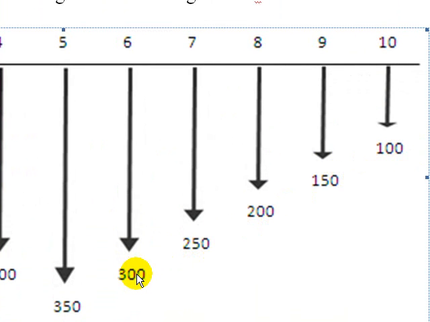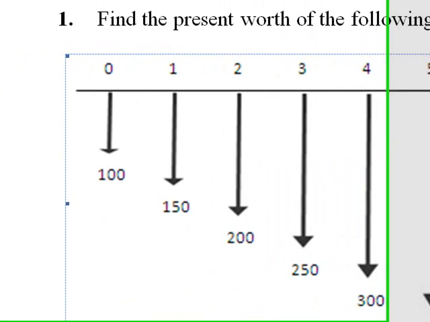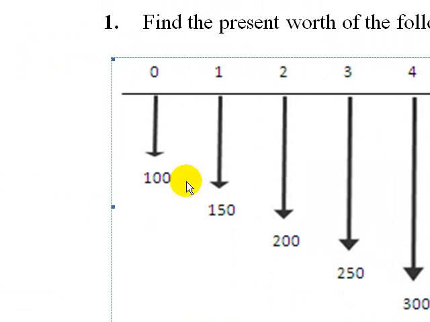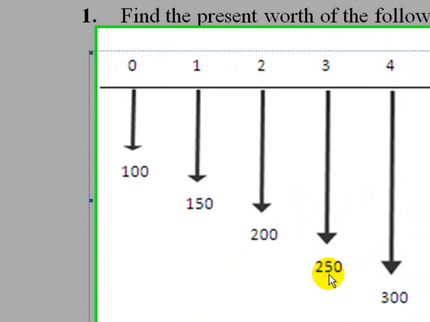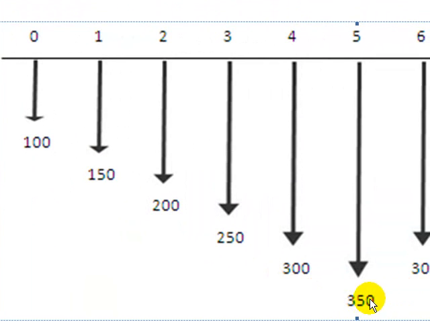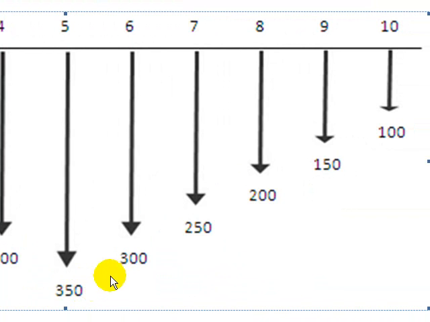So there is a gradient there. For the first 5 years, the cash flow increased by $50 each year, right? Going in this direction, the cash flow is decreasing by $50 each year from year 5 to year 10.